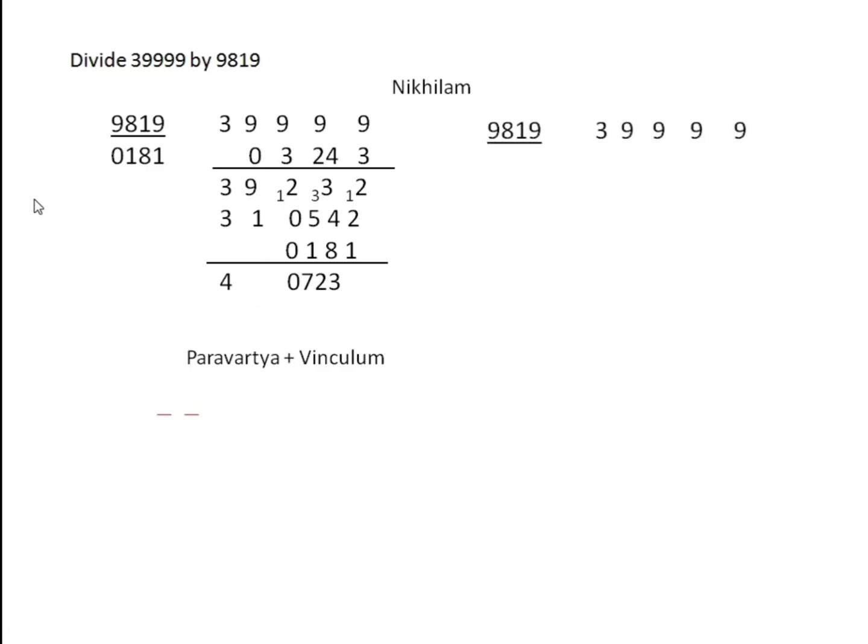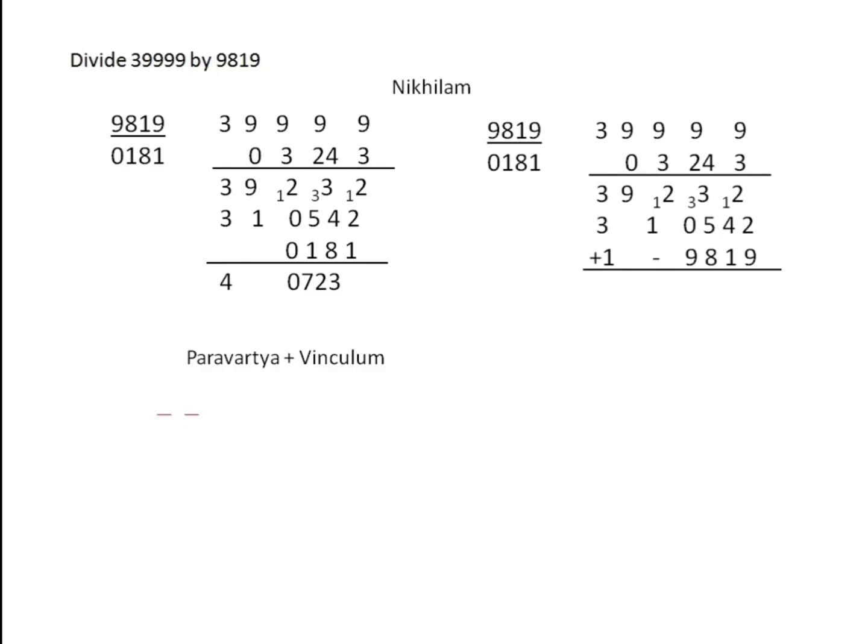And we shall see one more, like how to express it in the vinculum method and see if we can make it much simpler. See, this is just to explain how to deal with it if the remainder is more than the divisor, in just another way.